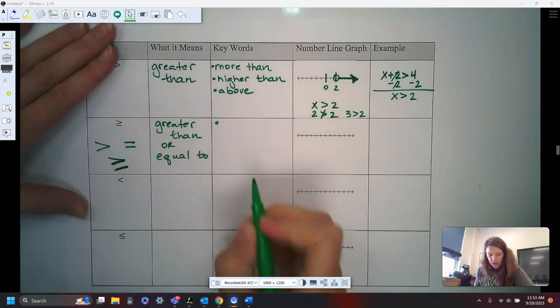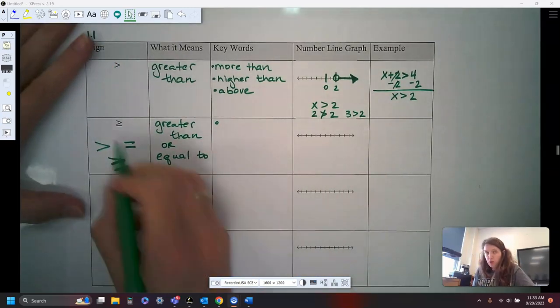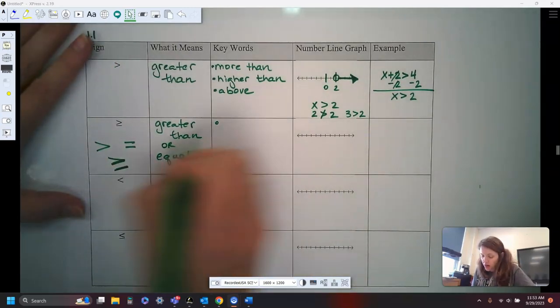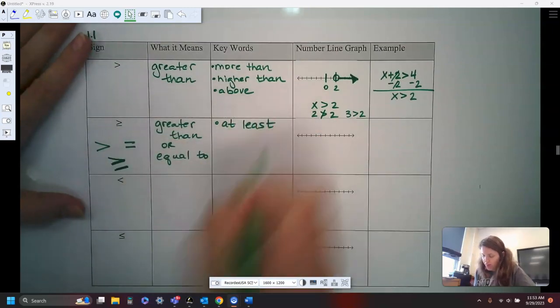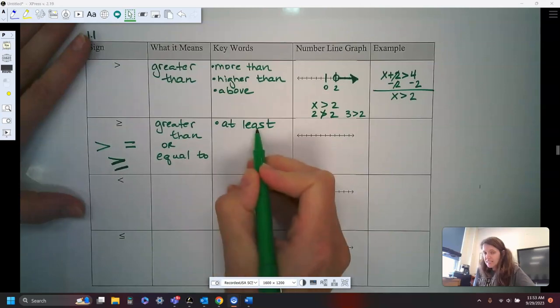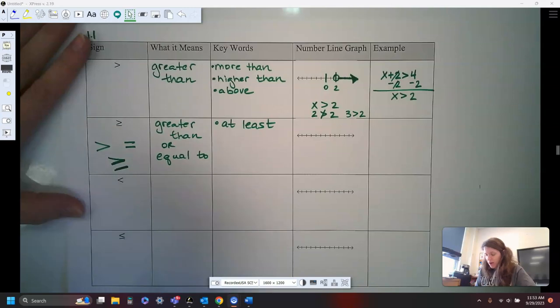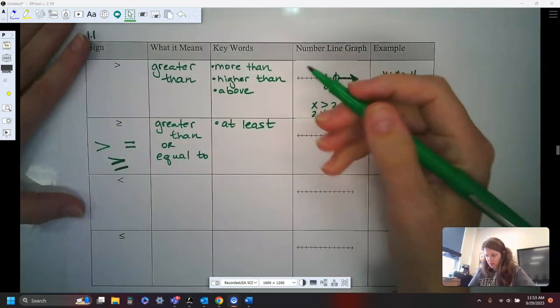So what words are we looking for? These are a little tricky when you're talking about the greater than or equal to ones, because I'm talking about a limit, and a limit means that I need to be higher than that. So if I have at least this many, you see the word least and you think it must mean less, but actually it means that I can go no lower than that point, right?